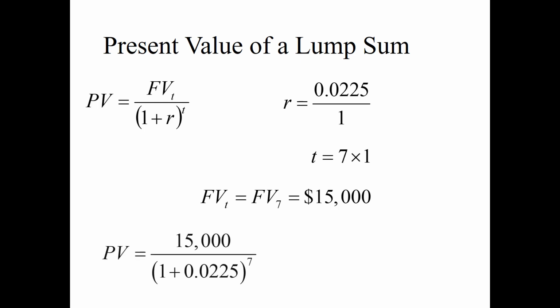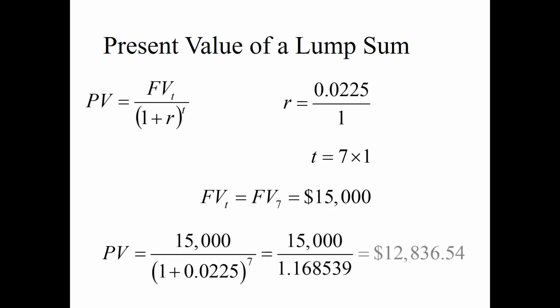And so we can set up our equation this way, where our present value is equal to our future value of $15,000 divided by the quantity of 1 plus 0.0225 raised to the 7th power. And so what we get is $15,000 divided by 1.168539, which is equal to $12,836.54.